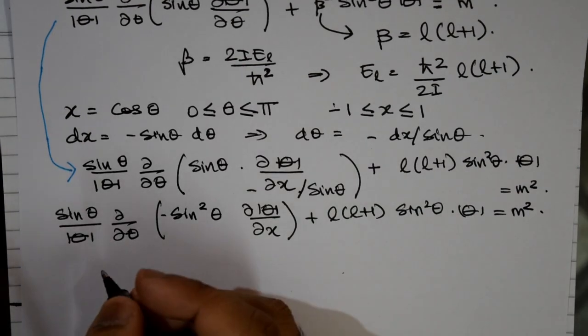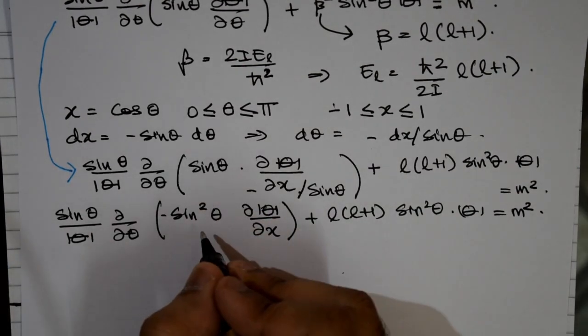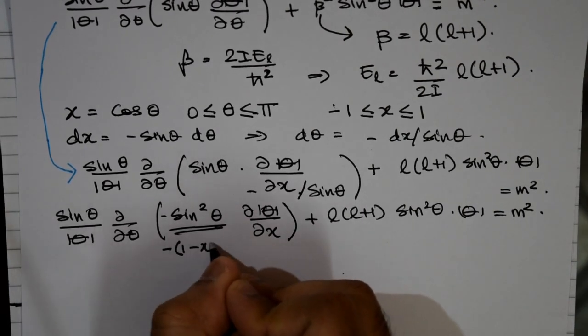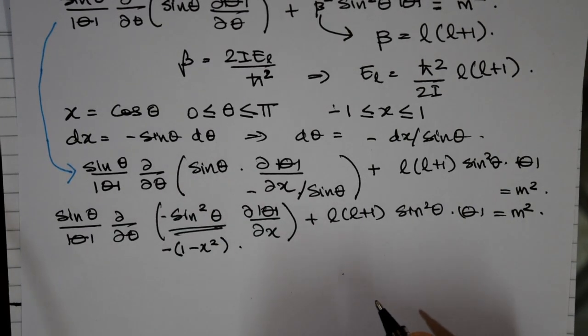So now what we are able to realize is that this now becomes minus x square, 1 minus x square.